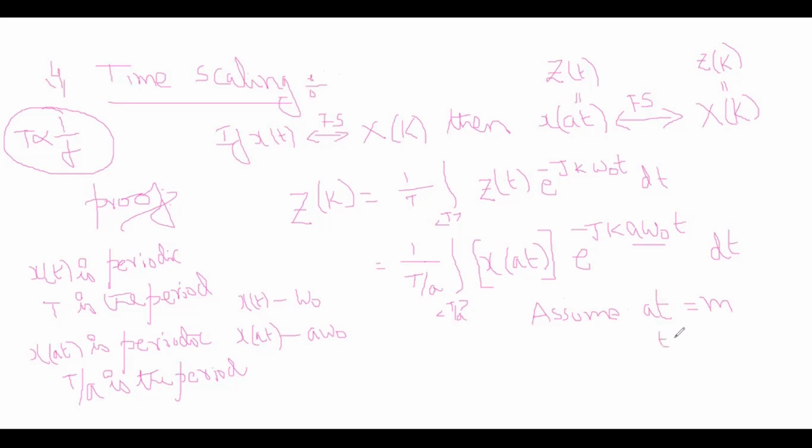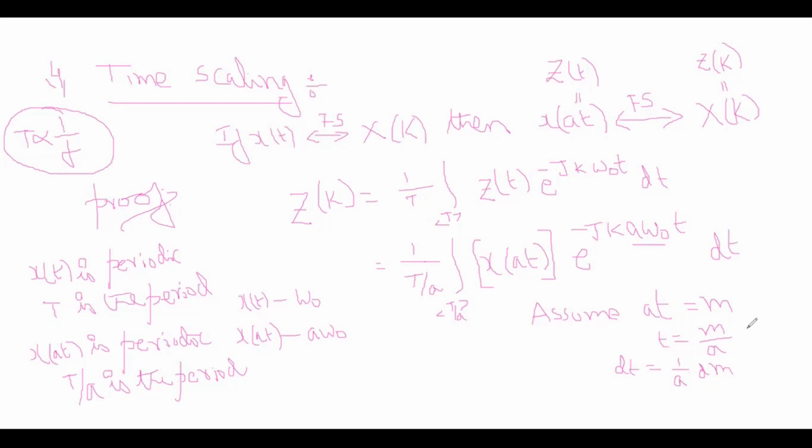Then t is equal to m by a. Apply the derivative on both sides. So dt is equal to 1 by a into dm.